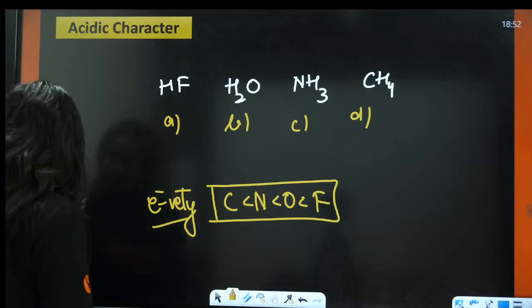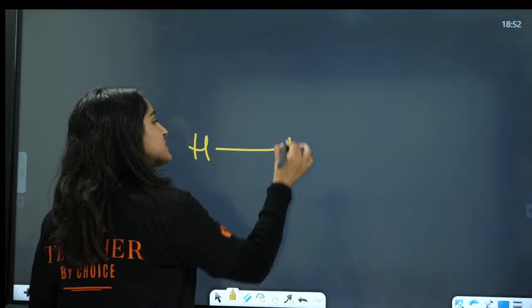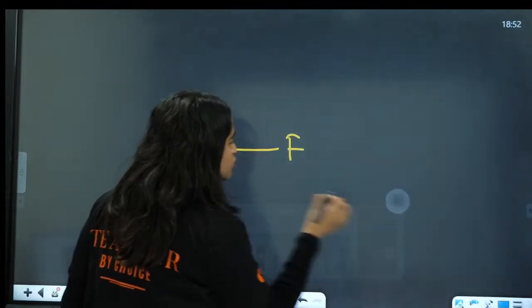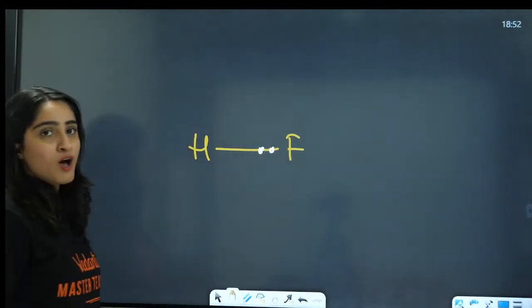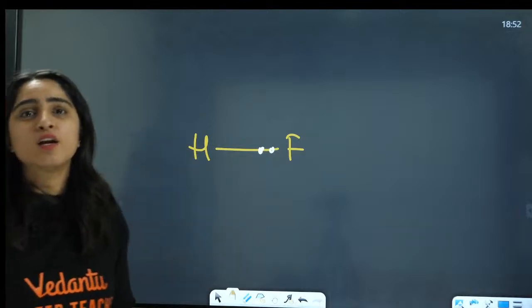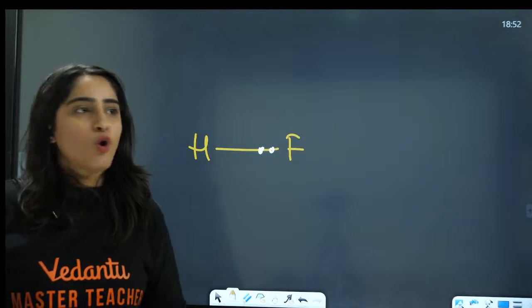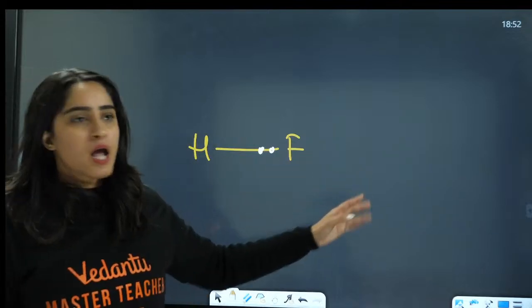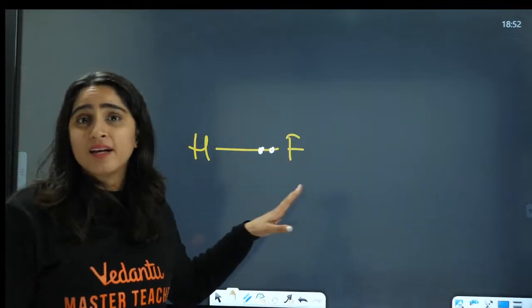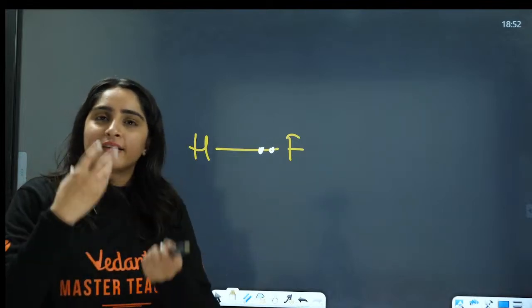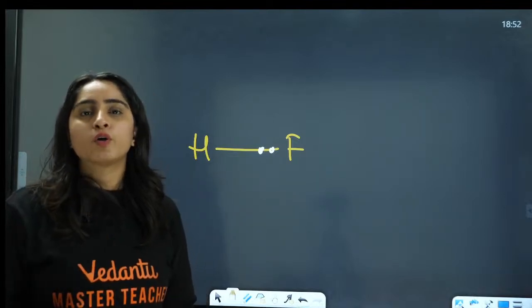That means in this HF, the shared pair of electrons is on the fluorine side. So this H positive is already lost. It is like, say you and your friend have ordered pizza, and your friend is so clever, like fluorine, that he or she is eating all the pizza. Now what will you say?